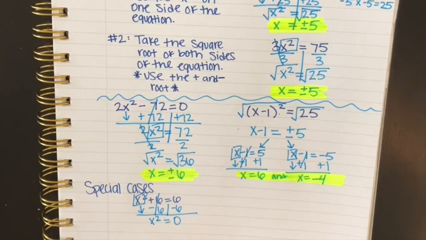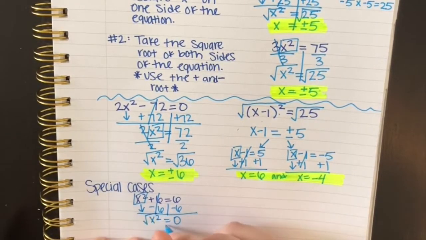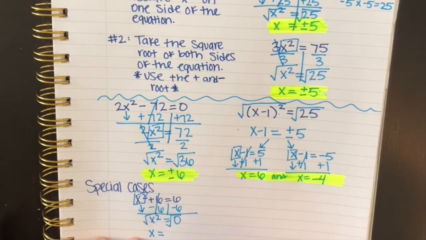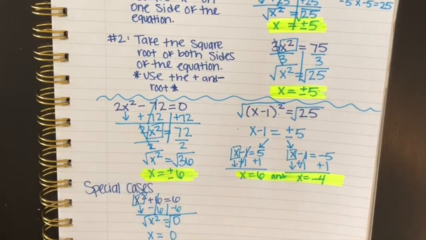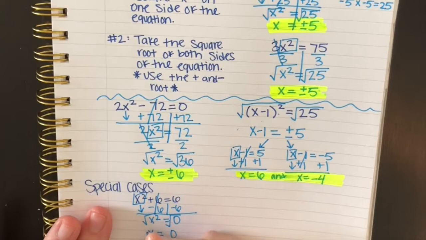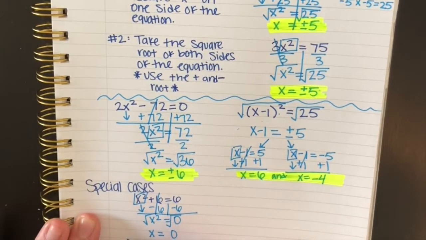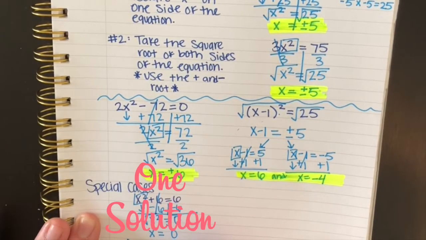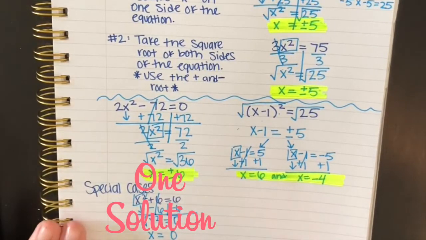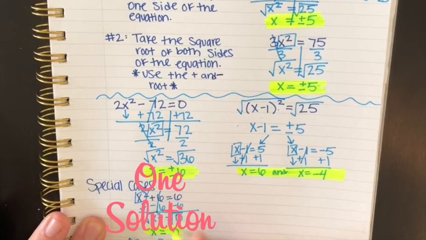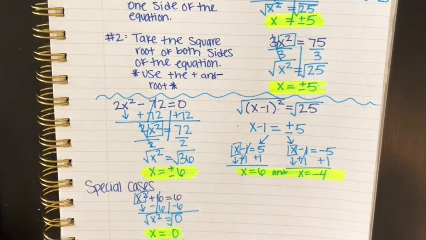Number 2, take the square root of both sides. So I square root both sides to get x equals, the square root of 0 is just 0. You can't have a negative 0, so it's just 0. So this means that here I have only one solution. So one of our special cases is having just one solution.